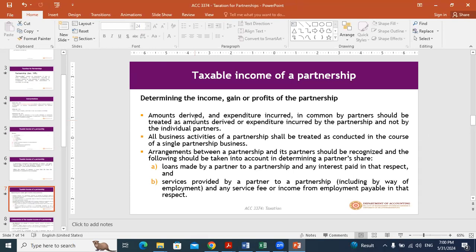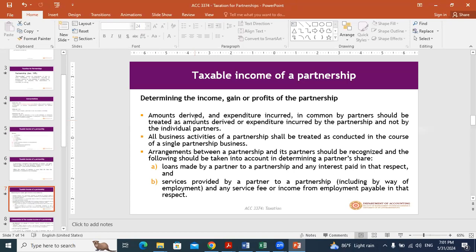Under business income, we identify certain expenses, say general deductions, specific deductions, and we also take certain other items separately, and we apply the learning to particular sections. We identify how to arrive at the tax adjusted business income. All these rules will be applicable for a partnership as well.